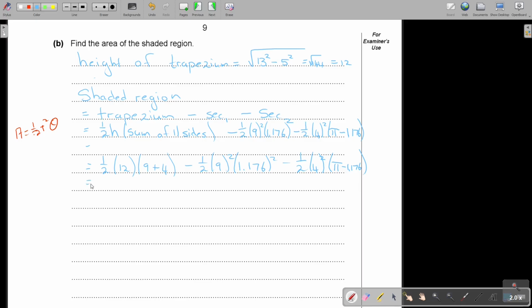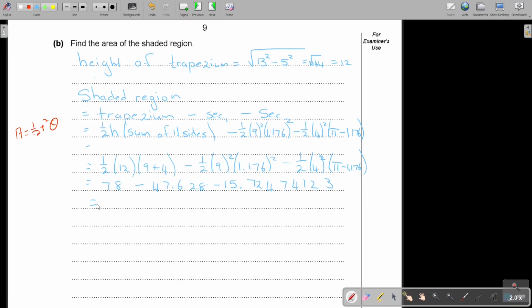Okay, so this is going to be 78 minus 47.628 if I press this on the calculator, and if I press this on the calculator, so it's 0.5 times 4 times 4 times bracket pi minus 1.176, close the bracket, equals, and that is going to be 15.7247413.